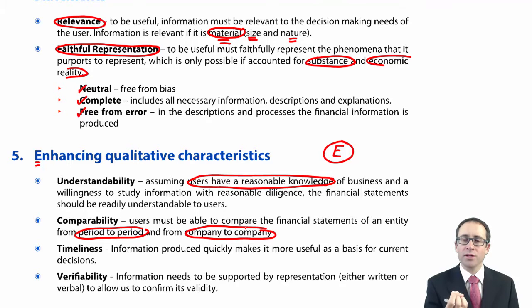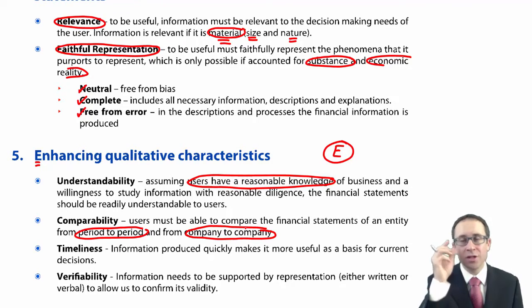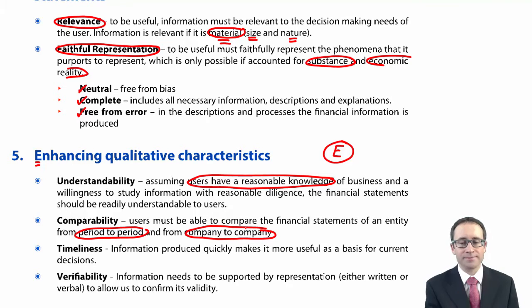but we want to make sure that information is not only relevant, but it's also faithfully represented, isn't it? Faithful representation is sometimes referred to as reliable information. And to get the most reliable information, you might have to wait a considerable length of time. That brings about the issue, doesn't it?